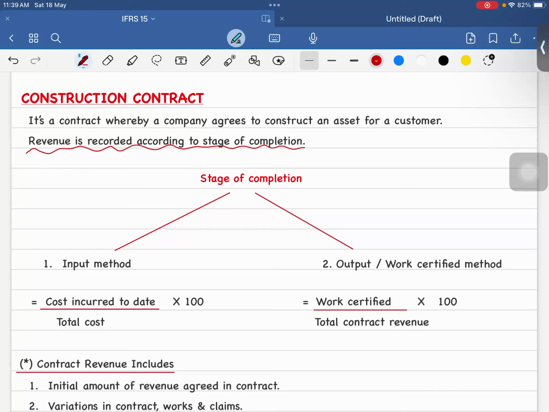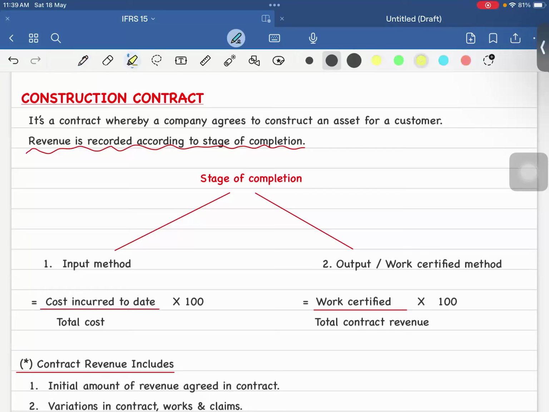That means if your company is dealing with construction, you're going to record your construction revenue according to this particular standard. That entire thing is called a construction contract. In a construction contract, we don't have a physical asset that is already completed and transferred, right? They are going to be completed over the course of time.